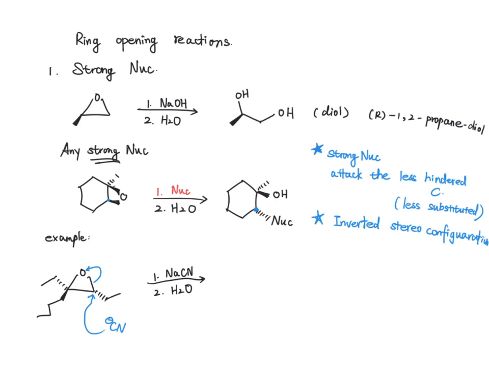So you may ask, oxygen is not a good leaving group, why does it leave here? Is it because the ring strain is so strong that it can act as a good leaving group? But normally when we talk about alkyl halides, oxygen itself is not a good leaving group. So let's follow my arrow here. It will form this oxygen negative charge.